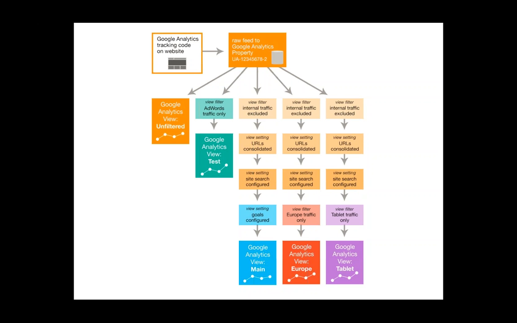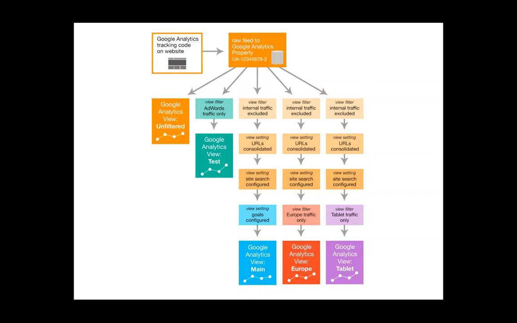Take a minute and look at the diagram and see which of these filters and settings are doing housekeeping, so to speak, on the data, and which of these filters and settings are more hard-coding the data down into subsets.